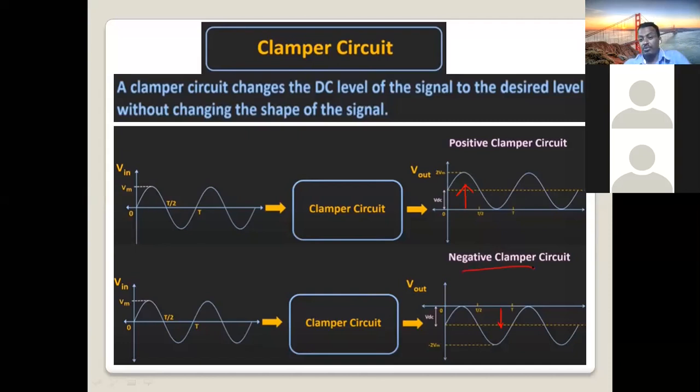So we have two types of clamper. You can move your signal upward by adding some positive DC, or using a negative clamper, you can move your signal downward by subtracting some DC from our AC.